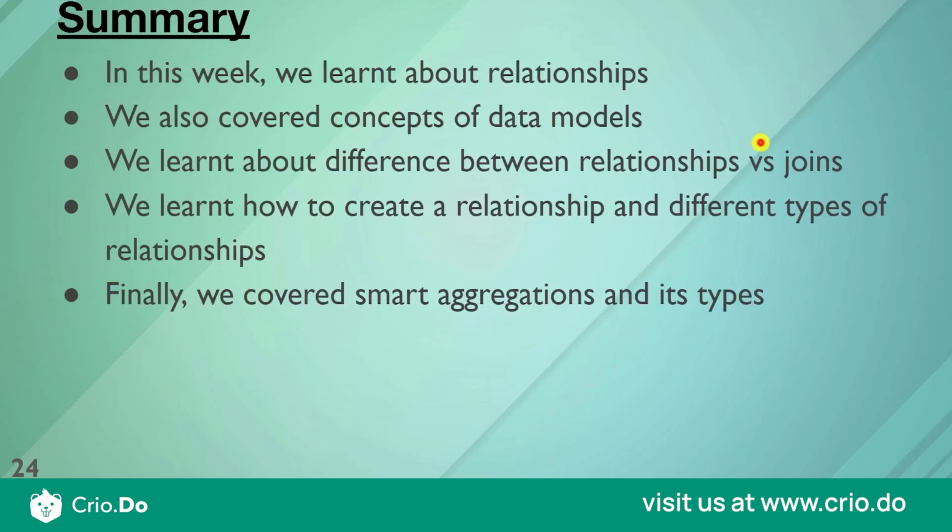This week's summary covers what a relationship is, what the difference is between relationships, joins and blending, etc., and how the data actually flows whenever you use different join models or blending models when compared to relationships. We saw the data model, the single data table and the multi data table models, and how they are used inside the relationships concept.